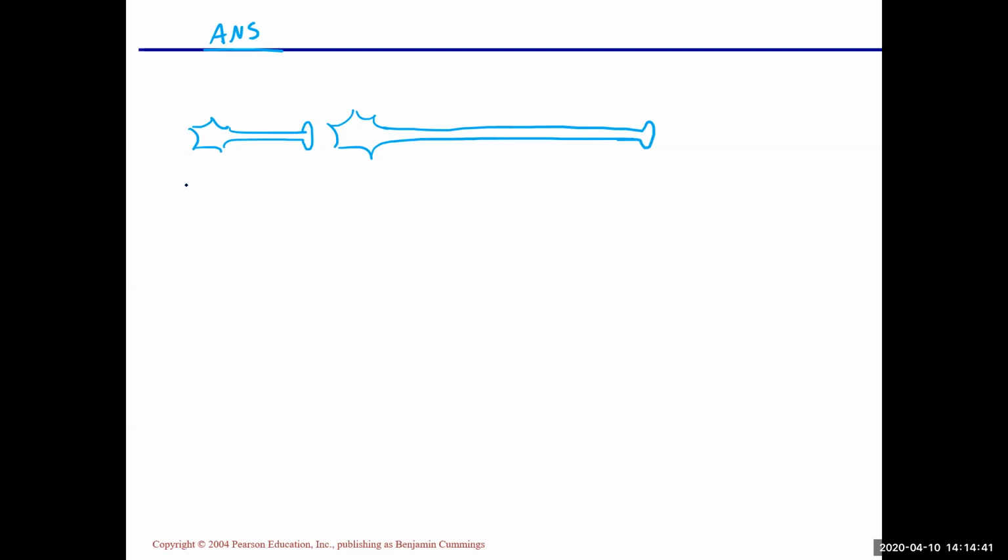The first one we call preganglionic, and the second one we call postganglionic.